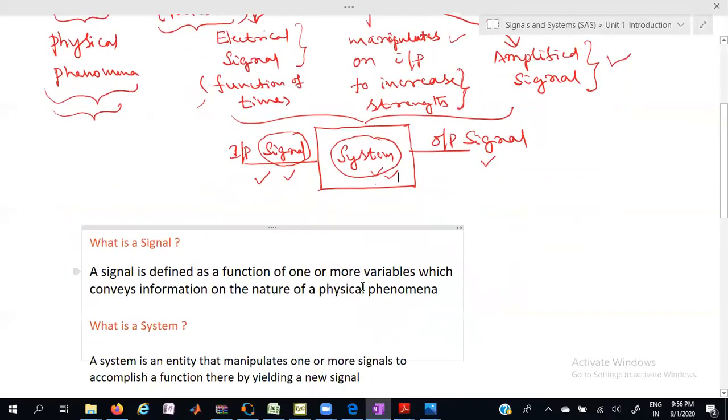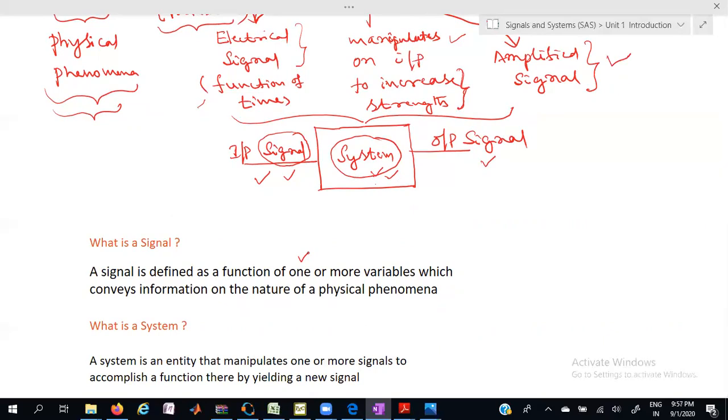So what is a signal? As we have seen in the previous example, it is defined as a function of one or more variables. In my example it is one variable, but you can have more than one variable also. For example, if the input signal is an image, it will be two-dimensional, or two variables.